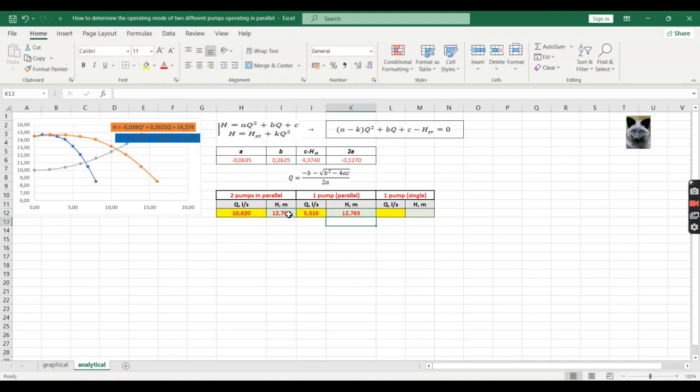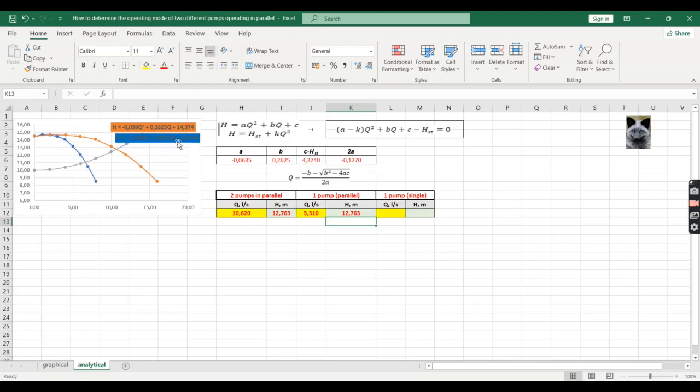Determine the operating parameters of one of the pumps operating individually. It is necessary to use the equation of its head and pipe system curves. For this purpose, we are going to use the same type of two-row table like the one above, but the determination of the coefficients will be done with the equation highlighted in blue.